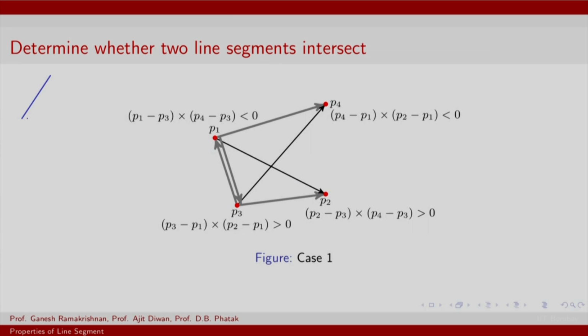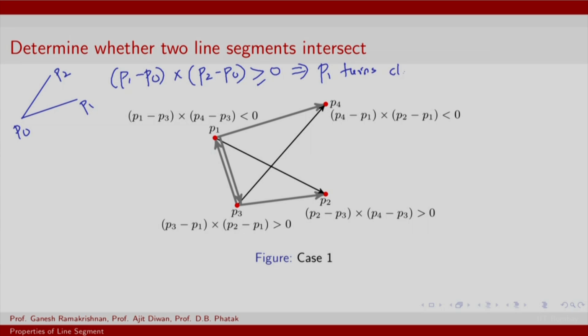We have already seen that if our points were P0, P1 and P2, then the cross product P1 minus P0, P2 minus P0, if it is positive, then we know that P1 turns clockwise from P2 with respect to P0.